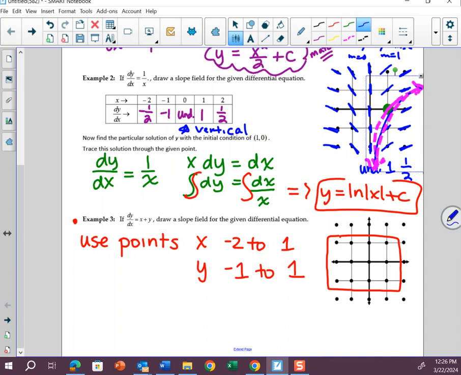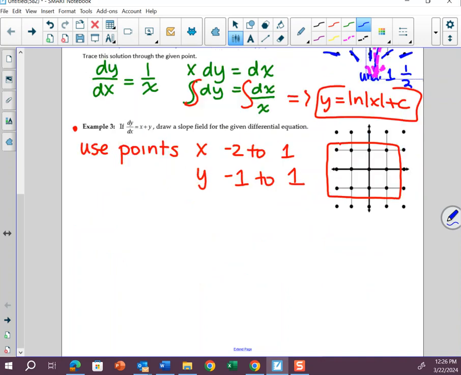So one way to do that is to create a table to help yourself organize your work. If we think about our x's going across, we have an x of -2, an x of -1, an x of 0, and an x of 1.